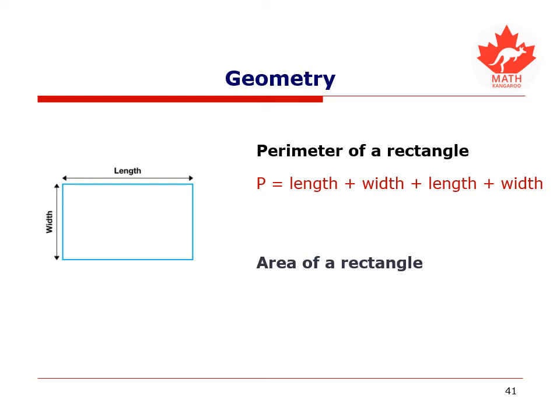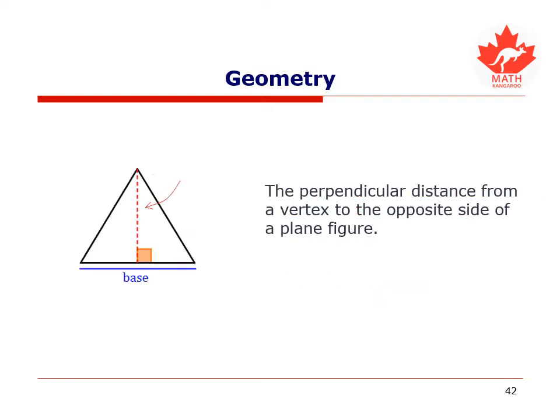The area of the rectangle is equal to the length times the width. The perpendicular distance from the vertex to the opposite side of a plane figure. Height or altitude.